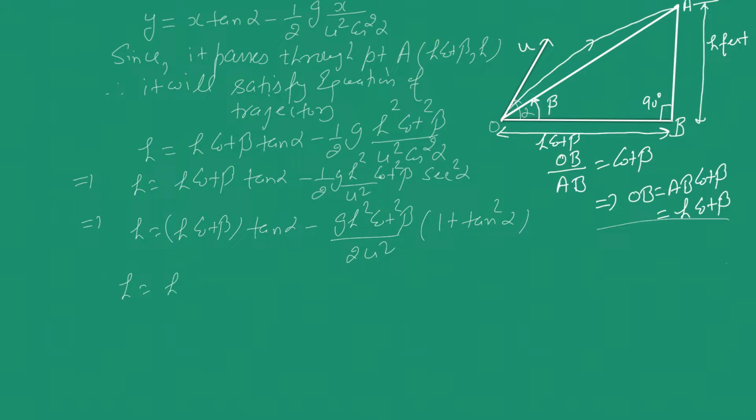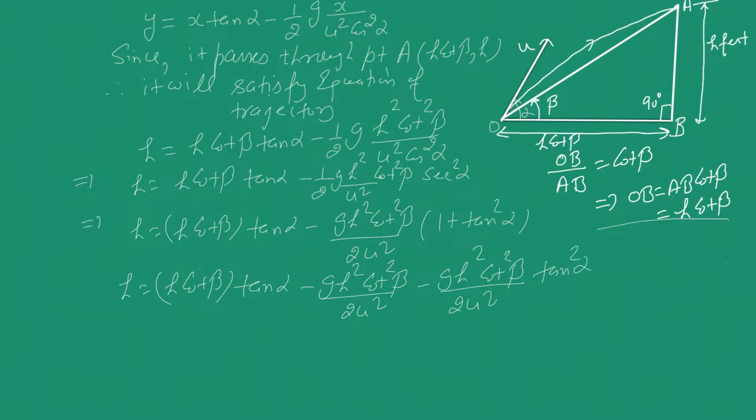So h is equal to h cot beta tan alpha minus g h square cot square beta by 2 u square minus g h square cot square beta by 2 u square tan square alpha. Now try to make this coefficient unity. For this we need to multiply with the reciprocal of this and a negative sign throughout the equation.